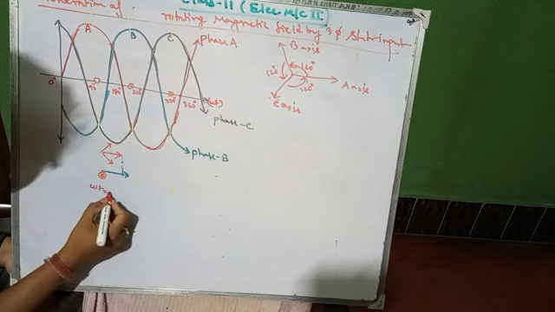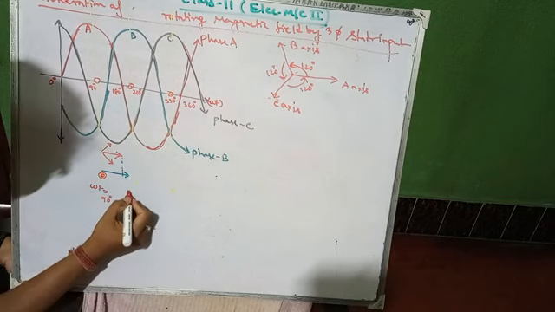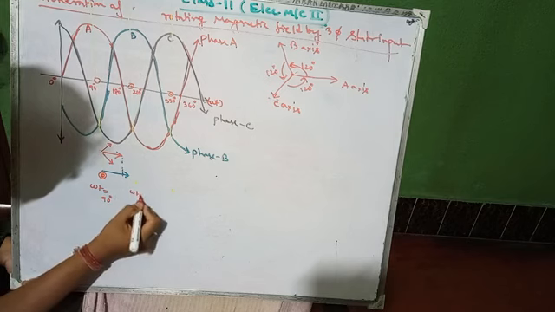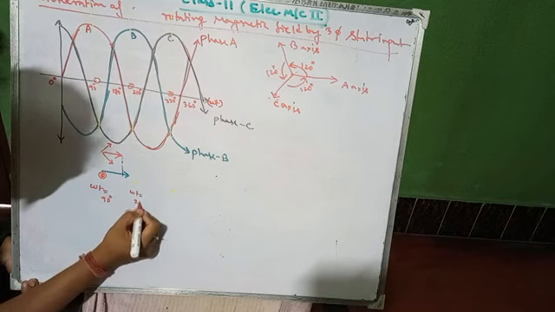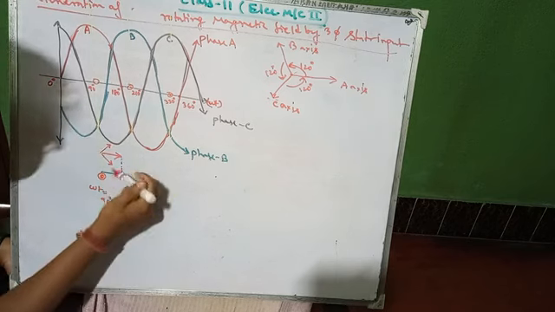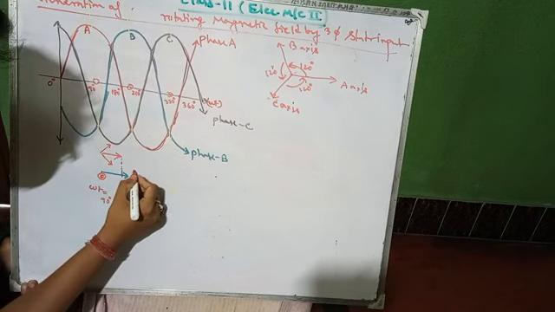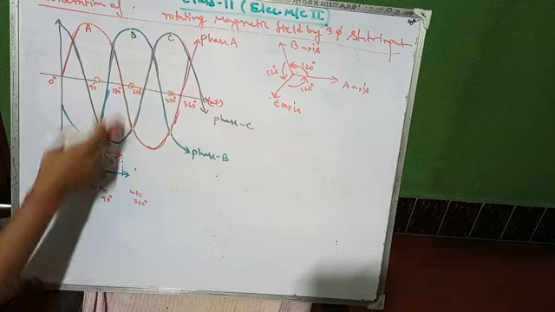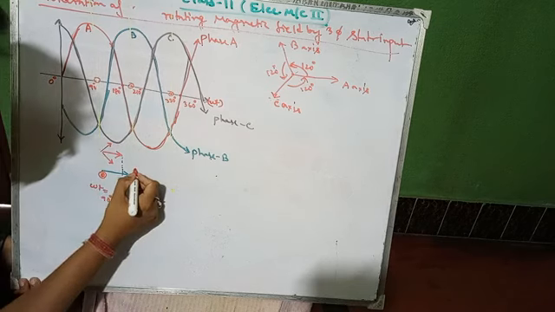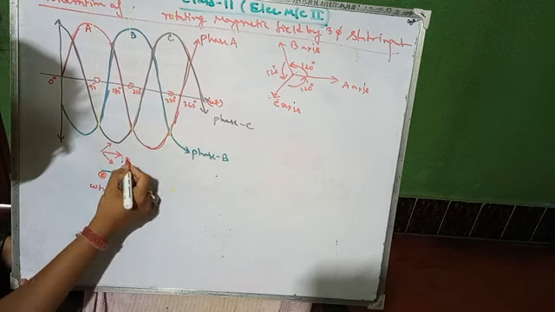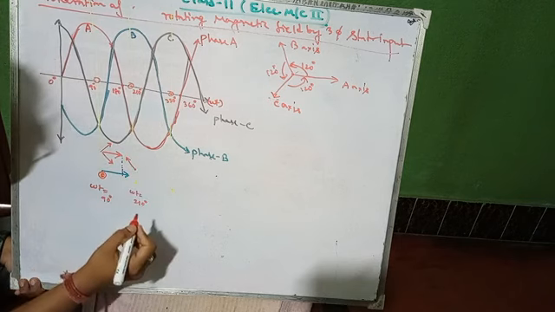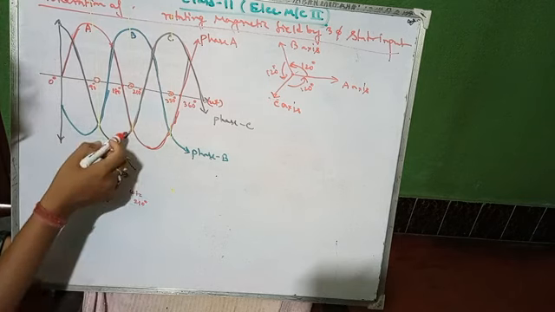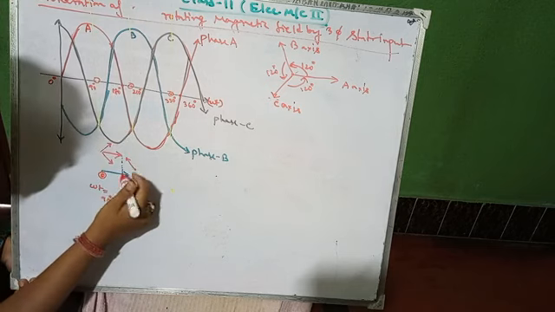The first one is omega t equals 90 degree, and the second one omega t equals 210 degree. At 210 degree, what will be the direction? B will be maximum, so B direction will be this one, and A and C are negative half.